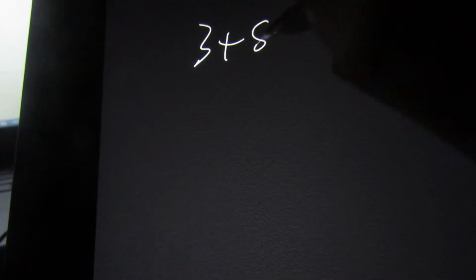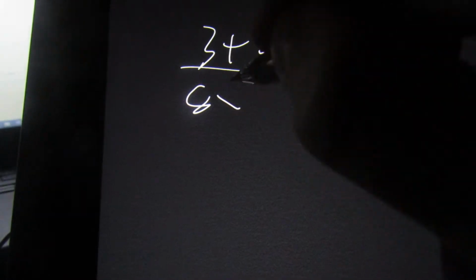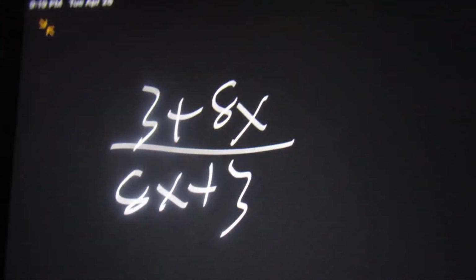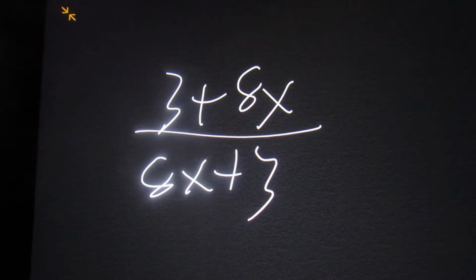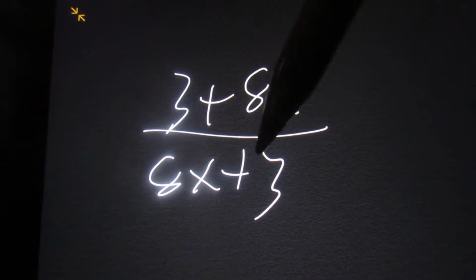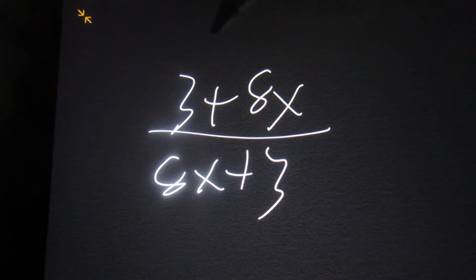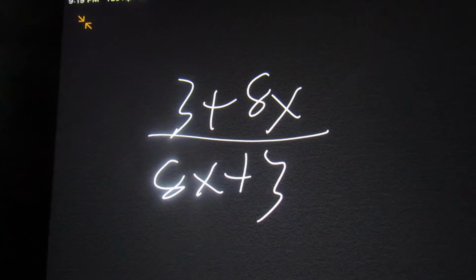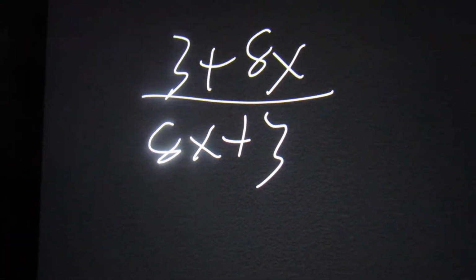Okay, then let's say that we have 3 plus 8x over 8x plus 3. Now remember, we have a 3 and an 8x, and 8x and 3. Those are actually exactly the same as each other.